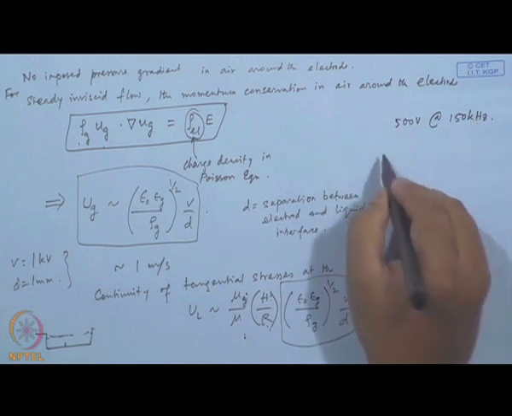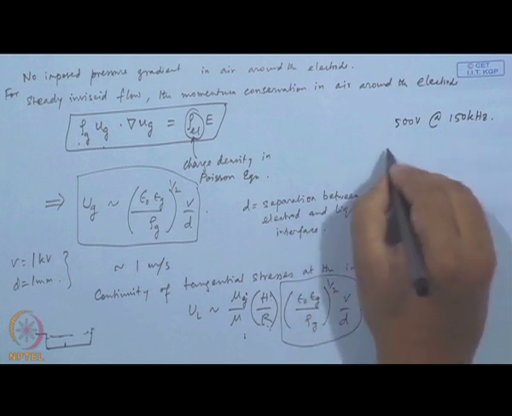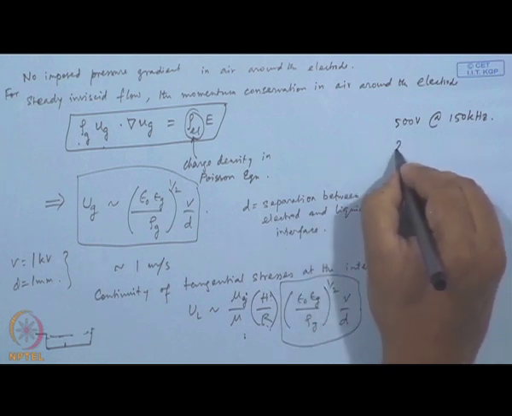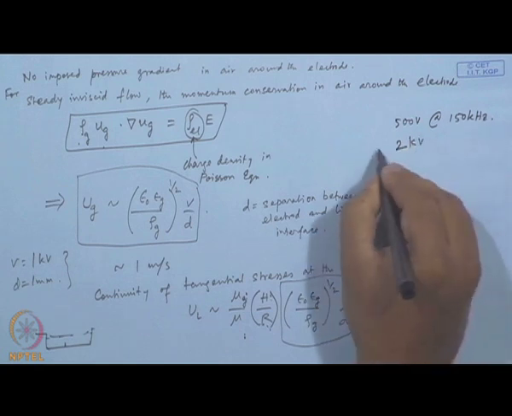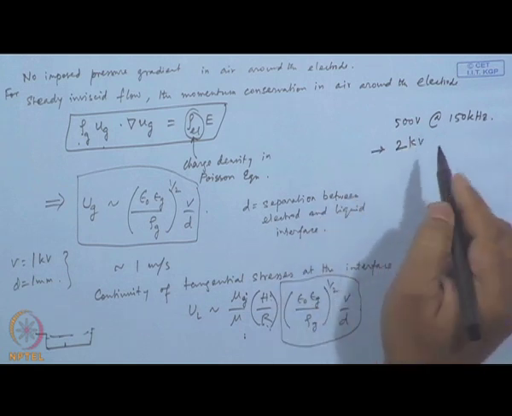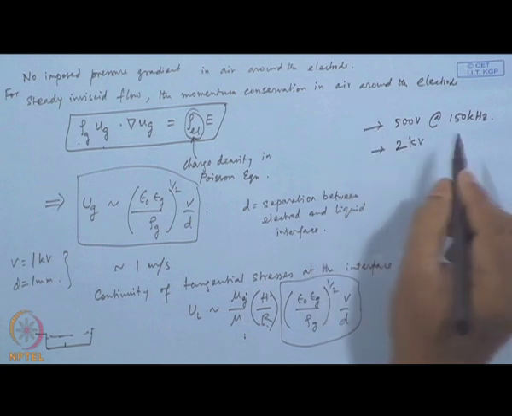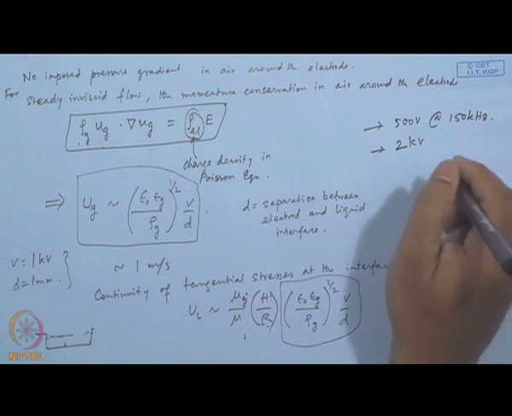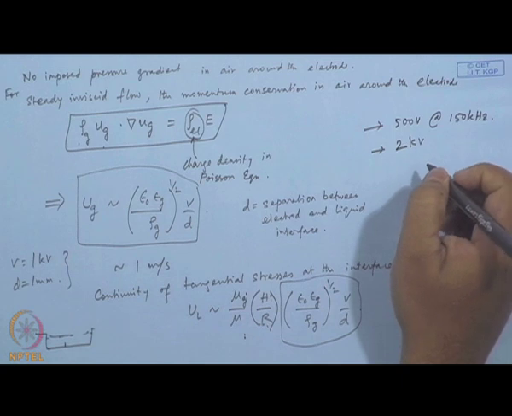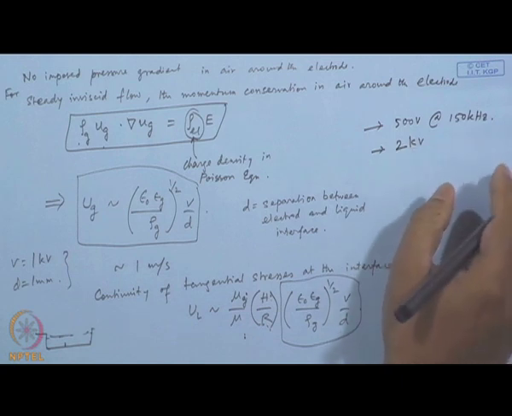This is for the AC, and for the DC this would be about 2 kilovolt. So, this is the DC voltage requirement, and for AC, if somebody uses 150 kilohertz, this would be the 500 volt, and optimum frequency is associated with the inverse.